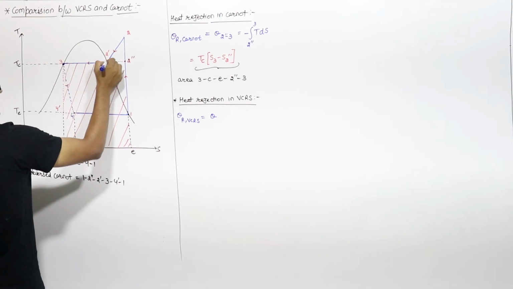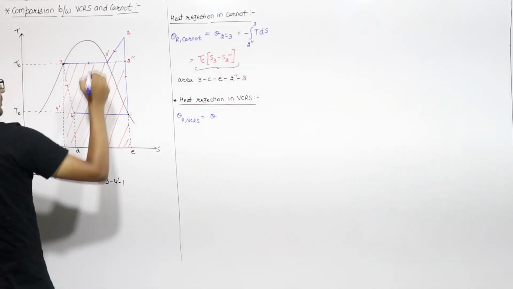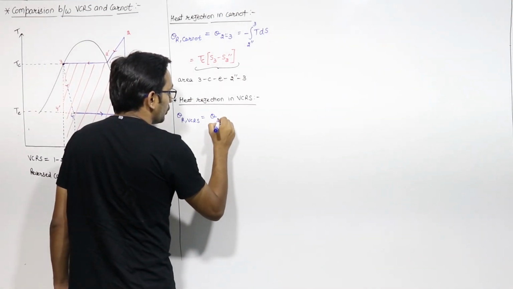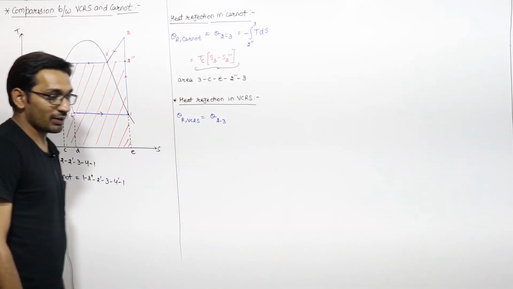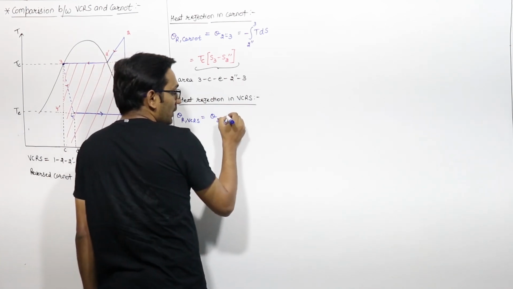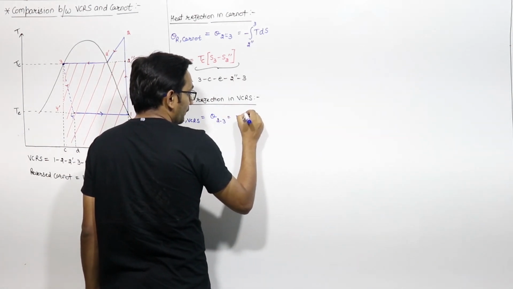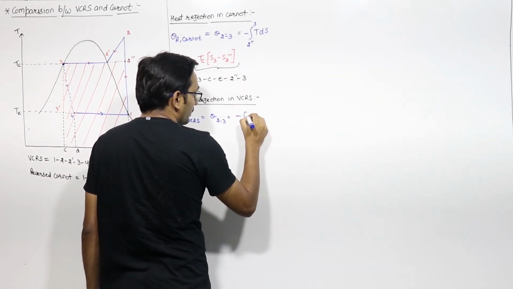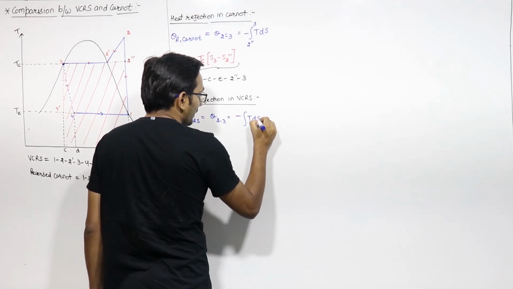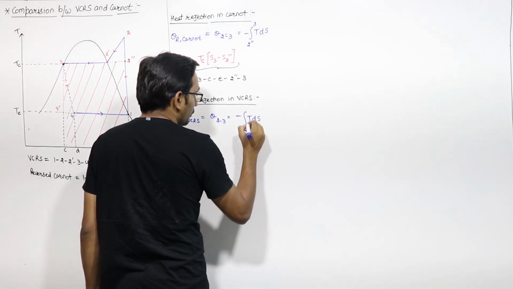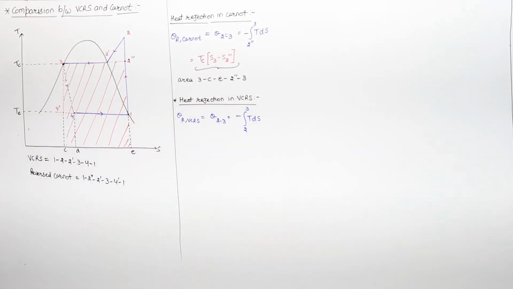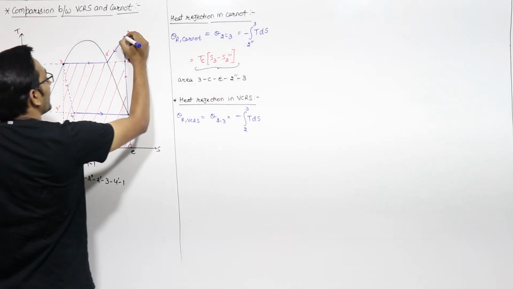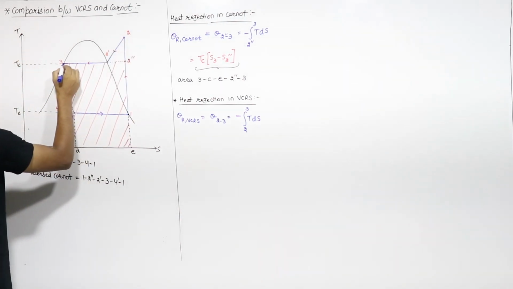This process is the isobaric heat rejection process. So this will be equal to minus the integration of TdS from point 2 to 3.